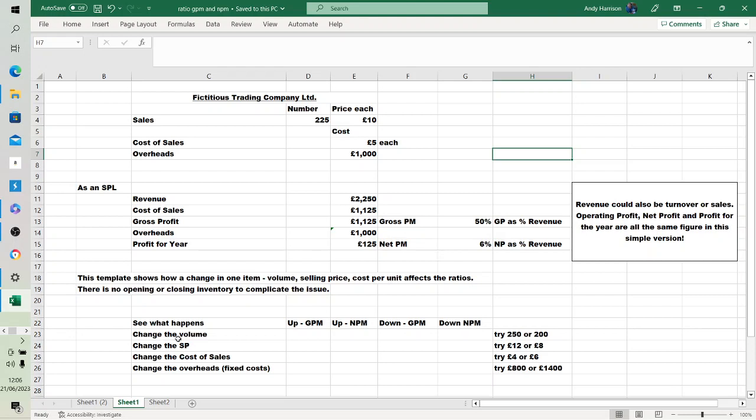So first of all it says change the volume. Okay, up. What happens? We'll go up to 250 because the template suggests we're going to do that.